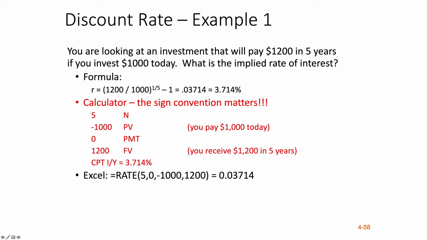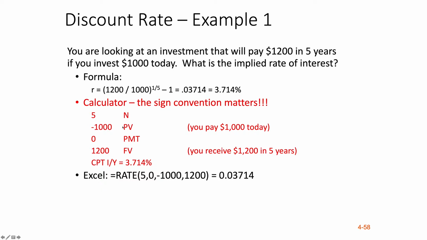Let's do this example. Example 1. You are looking at an investment that will pay you $1,200 in 5 years if you invest $1,000 today. What is the implied interest rate? So N equals 5 years. 1,200 is your future value, negative 1,000 is your present value.